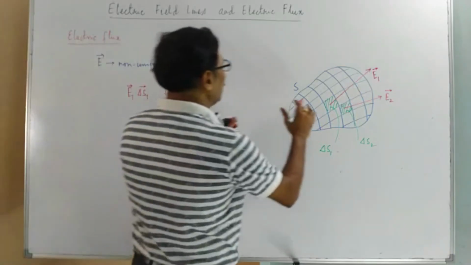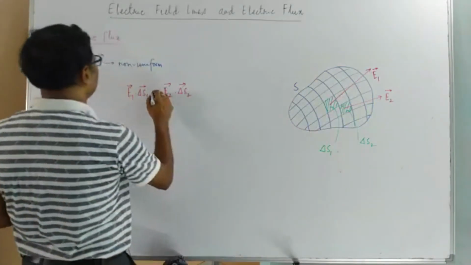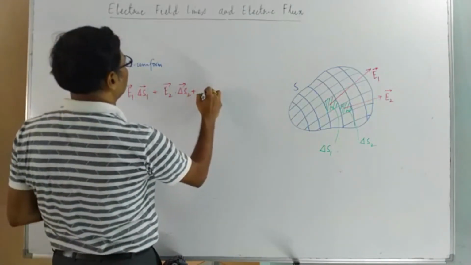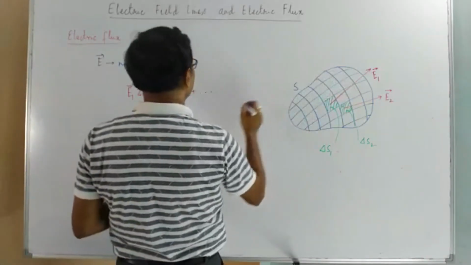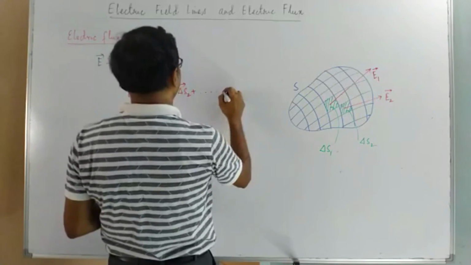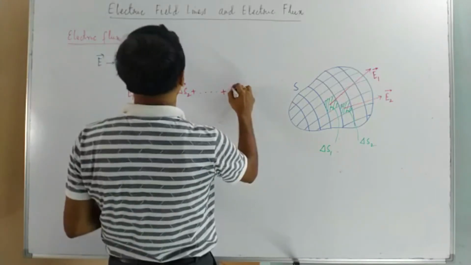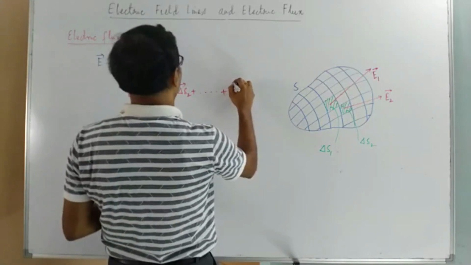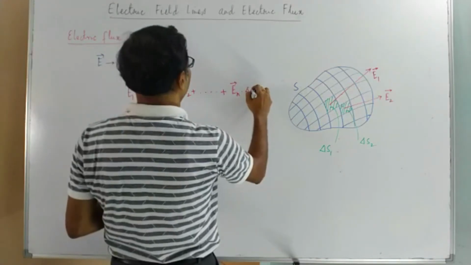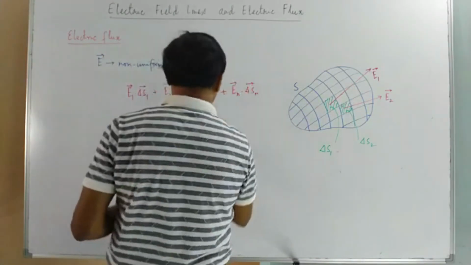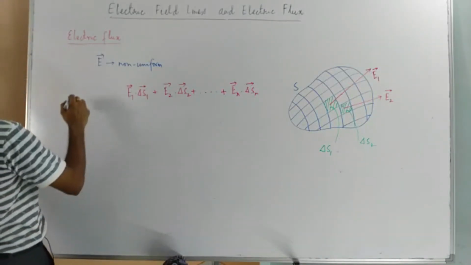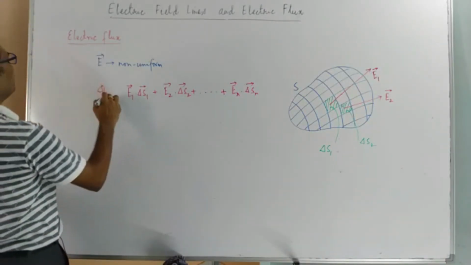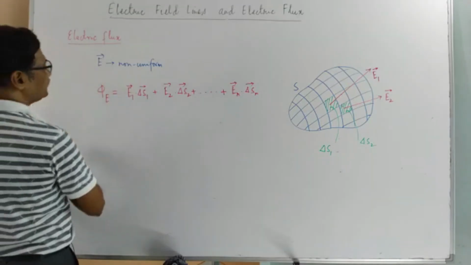So you have to go on adding all such terms. You have n such surface elements, so the last term will be En dot delta Sn. That actually gives you the total flux.